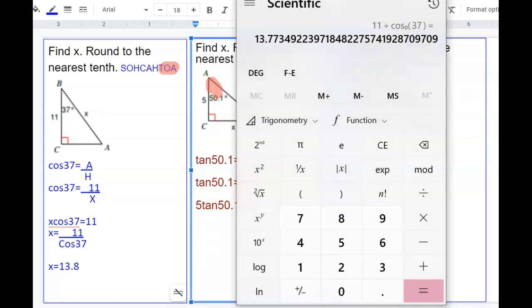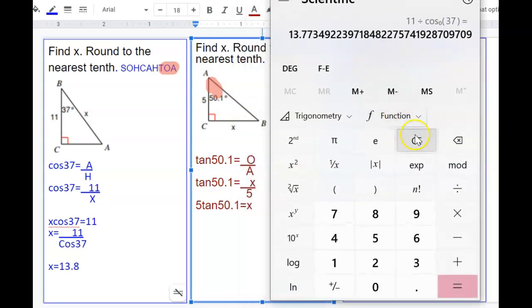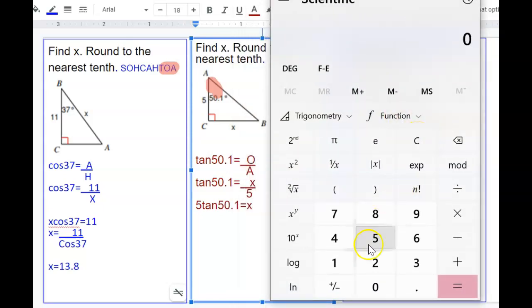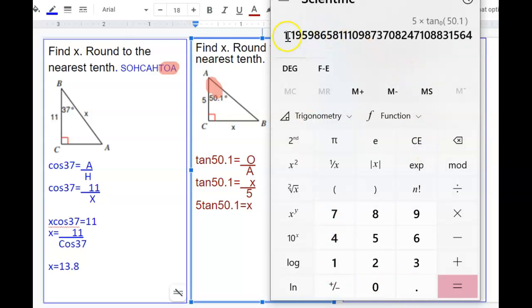Let's use a calculator for that. So again, you clear your calculator. Always make sure your calculator is clear. And then we have 5 times, you first type 50.1, then you take the tan. 50.1, trigonometry, tangent. This is the tangent, right? So to get 5 times this, you press equal. Remember to press your equal.